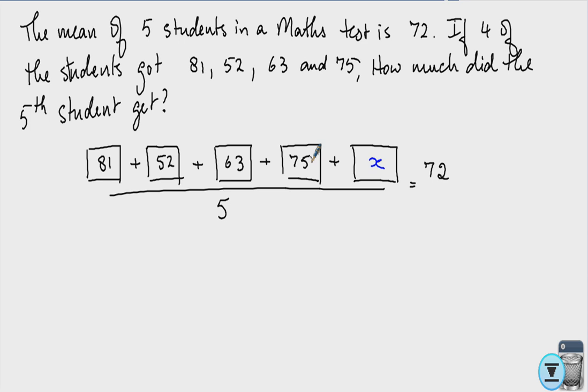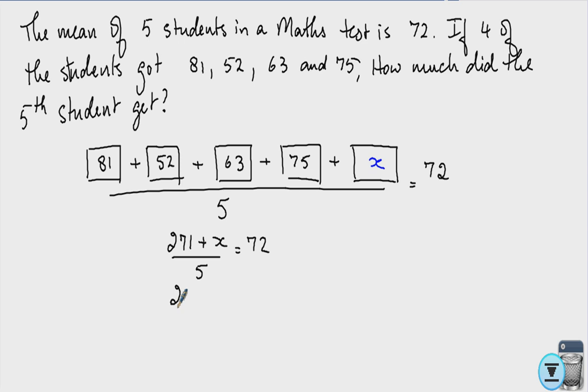So what am I going to do? I'm going to work out these 4 values. So 81 and 52 is 133, and 63 is 196. 196 and 75 is 271, excuse me. So I have 271 plus X divided by 5 is equal to 72. Now what's going to happen?